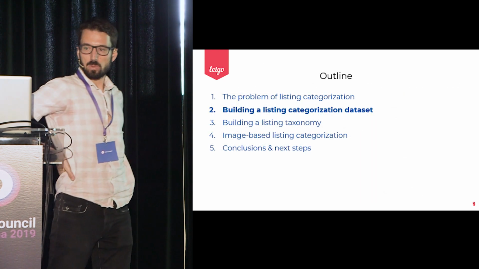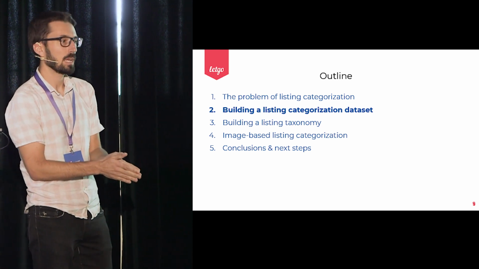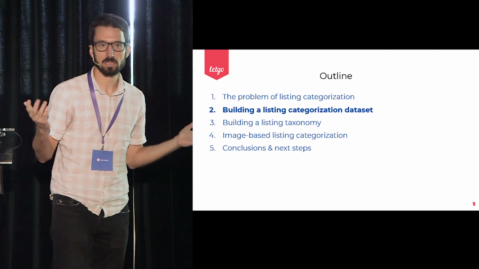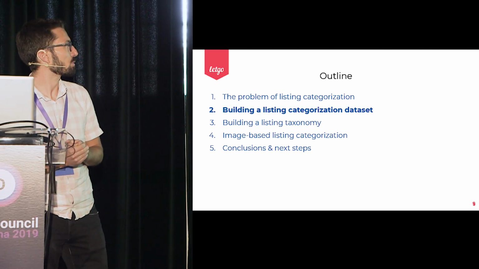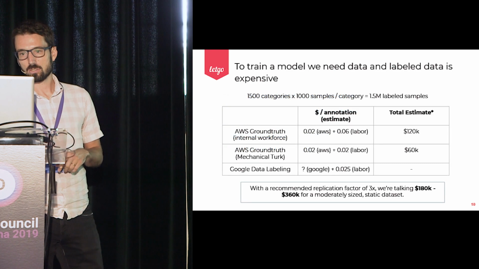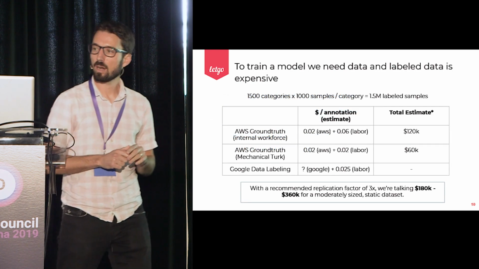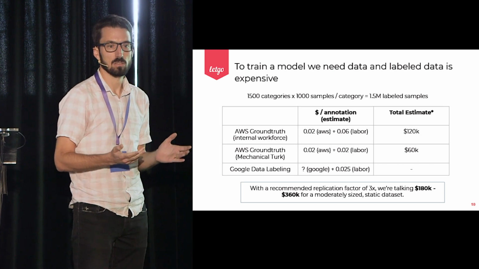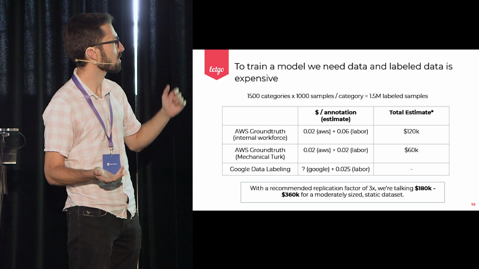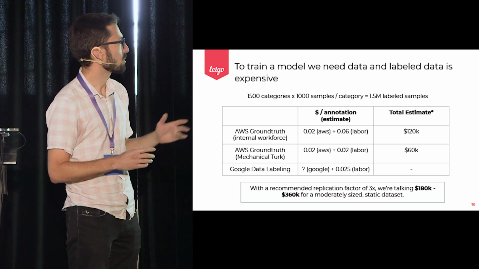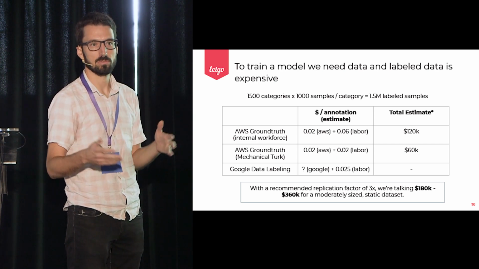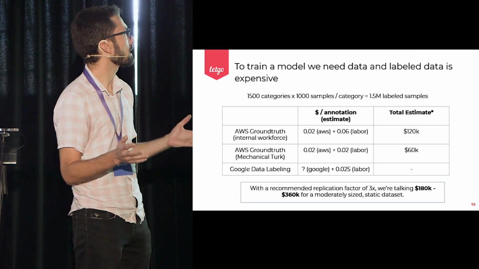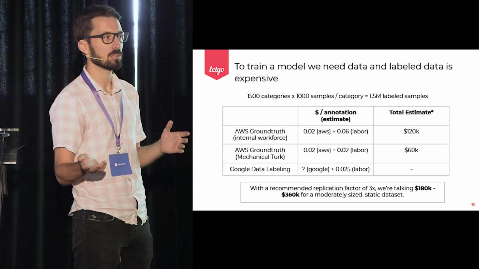So let's start with the first step in building a listing categorization model, which, as we saw earlier, is a supervised learning problem and hence requires training data. When we want to train a model, we need training data, and labeled data is typically somewhat expensive, right? So here I did some calculations. If you want to categorize into 1,500 categories of products, and you want a modicum of 1,000 samples per category, you'll need 1.5 million samples.